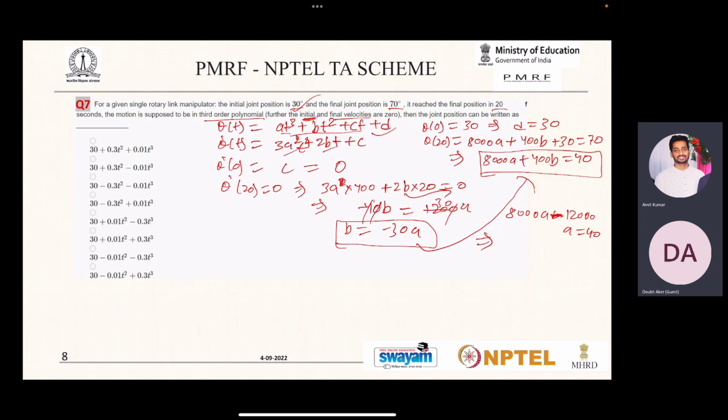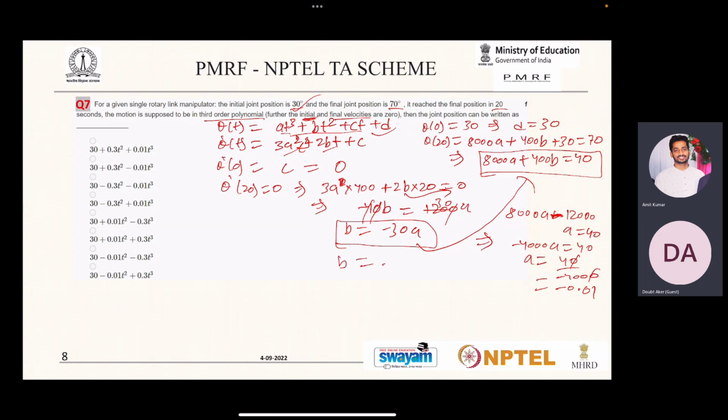This will become minus 4,000a equals 40. So a will be 40 by minus 4,000, which is minus 0.01.